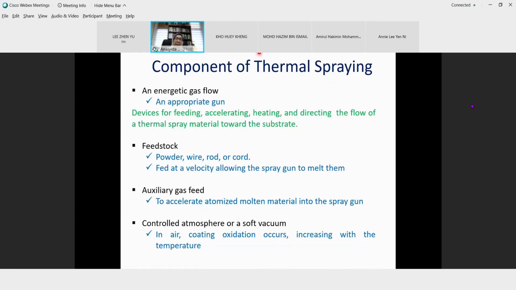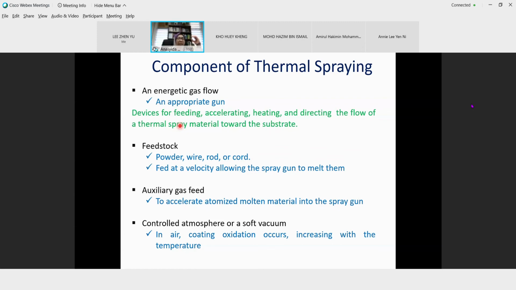So these are the components involved during the process of thermal spray. We have energetic gas flow, so you should have an appropriate gun. We use the gun to feed or accelerate the heating process and direct the flow of thermal spray, which means the source of heat must be directed to the substrate that you want to heat.